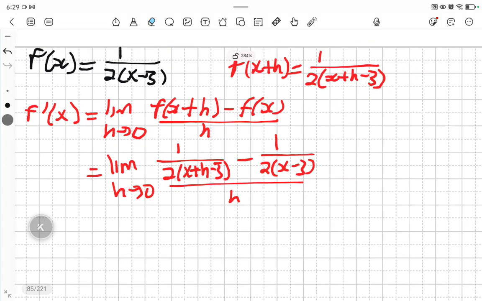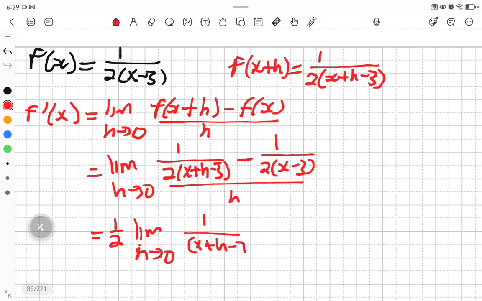So what you need to consider is this denominator and this one. You're going to multiply them. Before that, let's take out the 1 over 2. We're going to have 1 over x plus h minus 3 minus 1 over x minus 3, all over h.